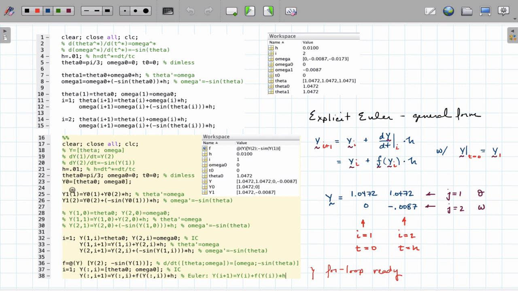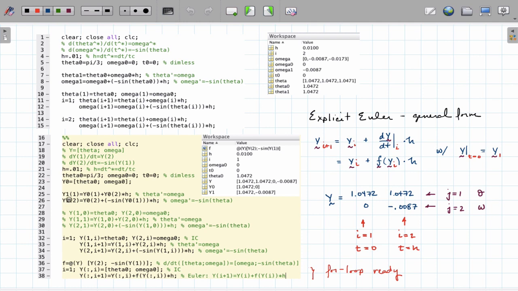So the theta at the first time step after the initial condition is going to be equal to the y01, which is the theta at the initial condition, plus that derivative, which is omega at the initial condition, times h, and so forth. So what we are seeing here is that line 25 here is slowly incrementing what we've done in the past, so that we're now going to have the time step in the variable name.